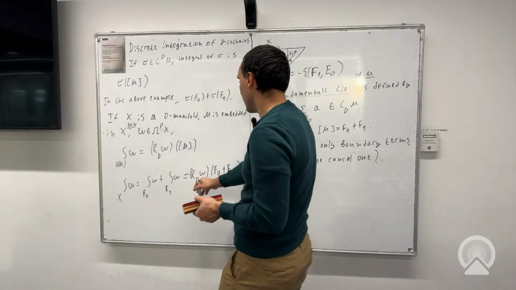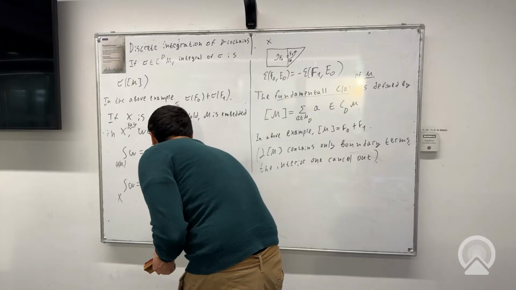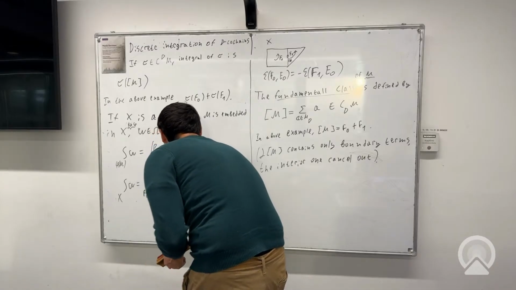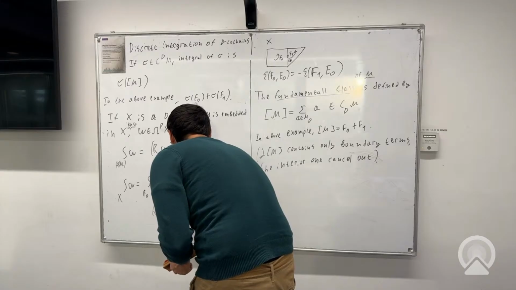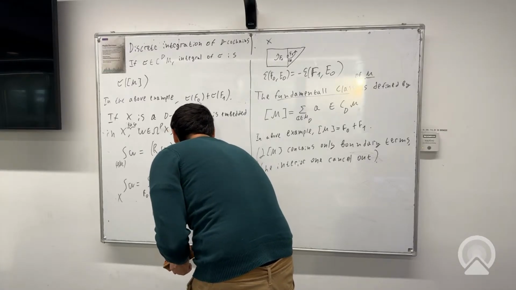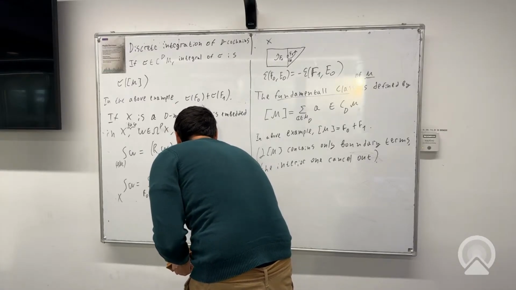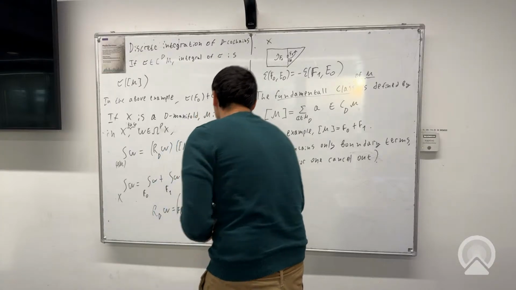From before, R_D omega was defined as the integral over F0 of omega times F0 plus the integral over F1 of omega times F1.